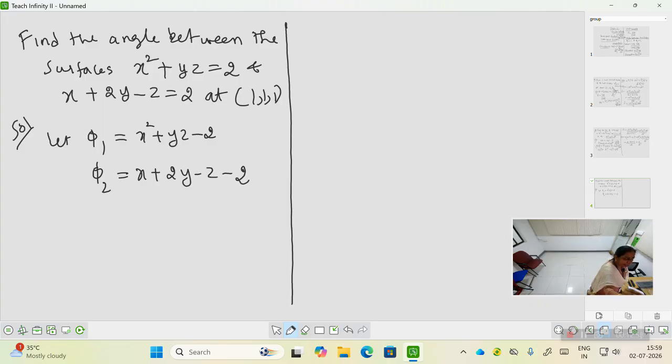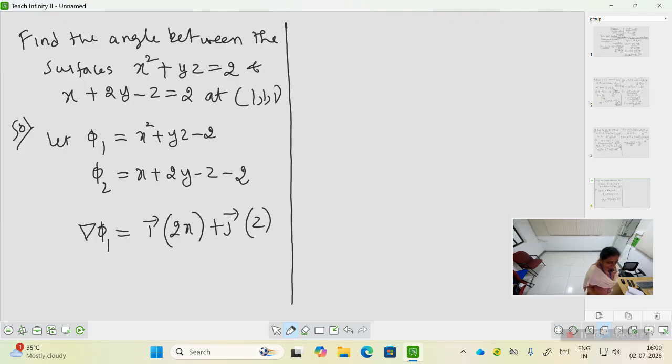We want the angle between the two surfaces. So what is the formula? I have to find del phi 1 and then del phi 2. So del phi 1: i dou phi 1 by dou x, I'll get 2x, plus j vector, y means z, plus k vector into dou phi 1 by dou z, which will be y.